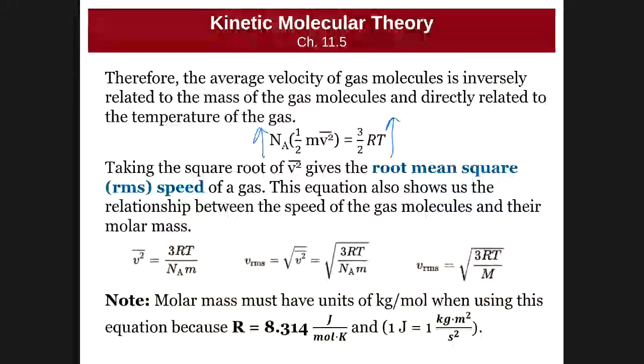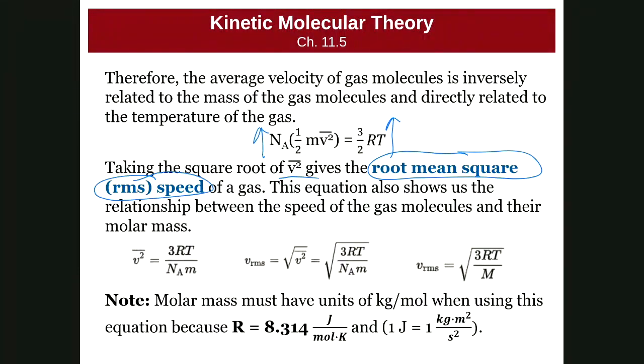So what that means is we can find the average velocity by knowing what the temperature is. So we take a square root of our average velocity squared, and that gives us something called the root mean square, or RMS speed of a gas. It's not quite the same as the average speed, but it's close enough, so that's what we're going to use.